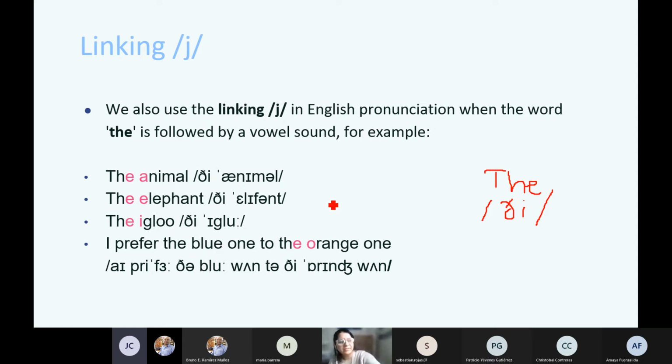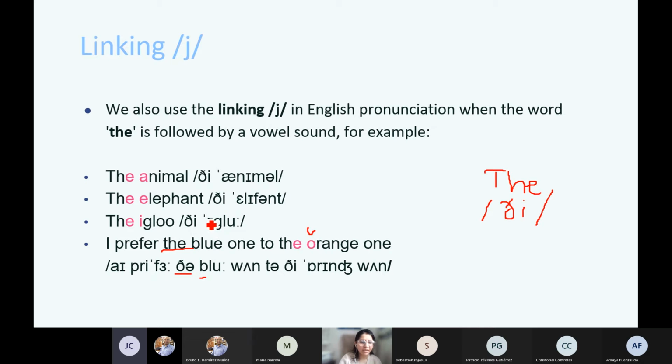And then we have an example that says, "I prefer the blue one to the orange one." In this case, it's pronounced "thuh" in the first part because the following word begins with a consonant sound. And in the second part, we say "thee orange," because "orange" begins with a vowel sound.